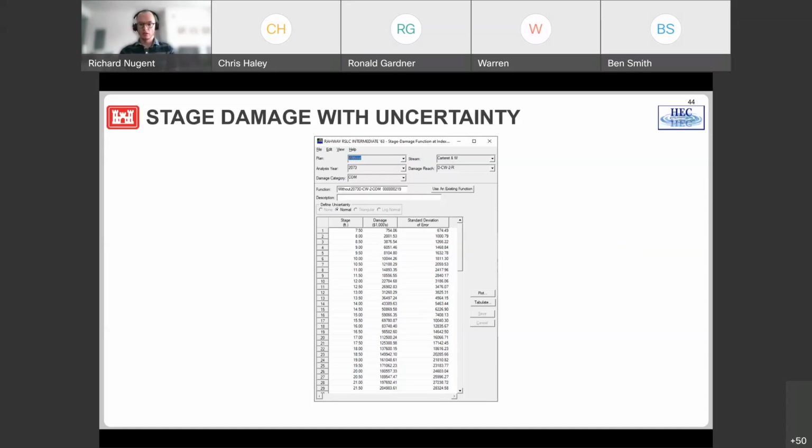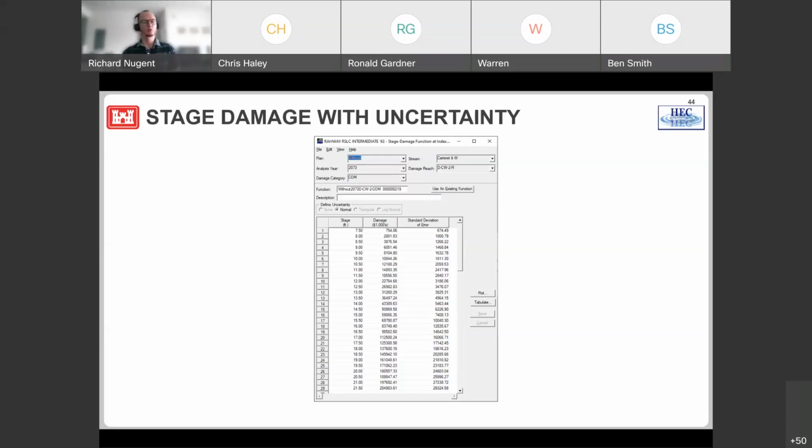So what this relationship effectively represents is the relationship between the economic cost resulting from flood damage and the elevation of the flood inundation, or stage, for a given plan, year, stream, and reach, as well as damage category, right? So we have aggregated over all the structures for a given plan.